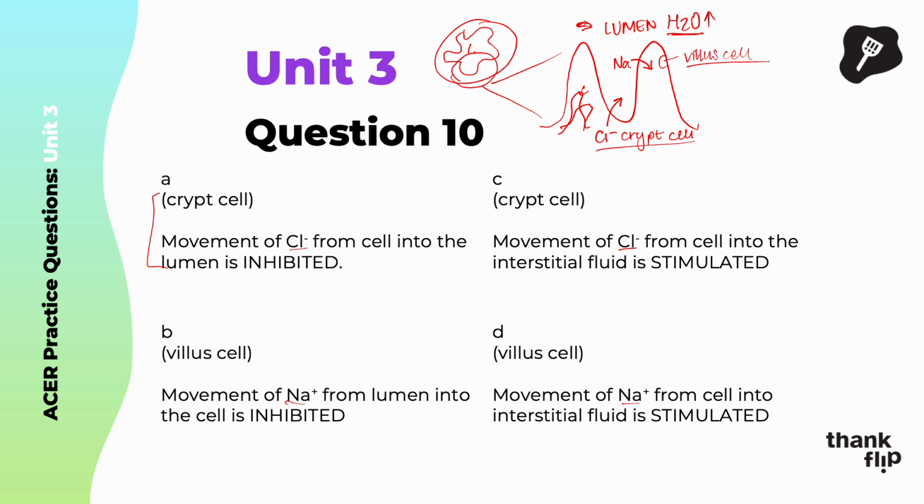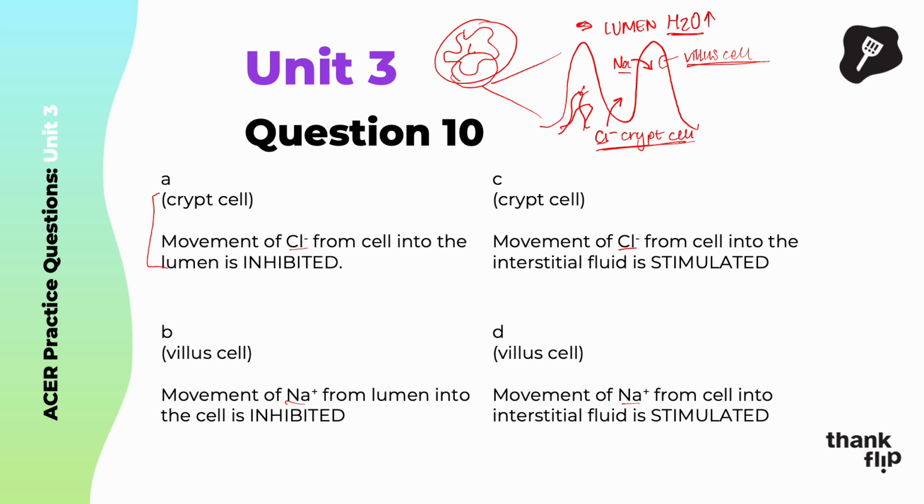I can connect that to diarrhea because I can assume, even if I didn't know what diarrhea is, that increased water in the lumen makes sense for increased watery fecal evacuations. So that's the reasoning behind why I'm looking at sodium and chloride here. Let's look at our answer options.